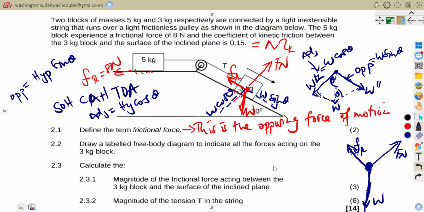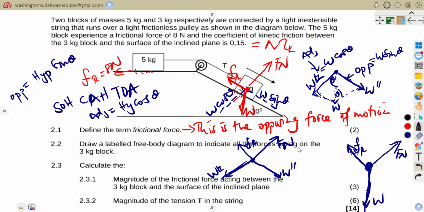So someone would have just drawn it in a way that you'd have your parallel weight component, whilst on this side you have your normal force, on that side your perpendicular weight component, and on this side your frictional force.